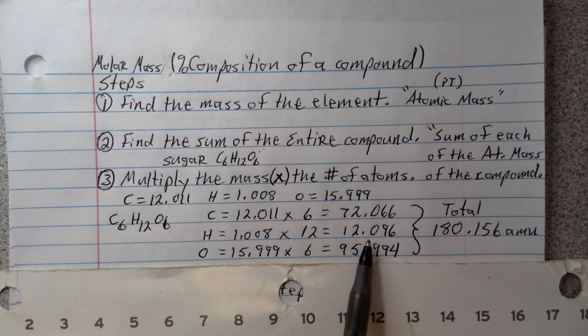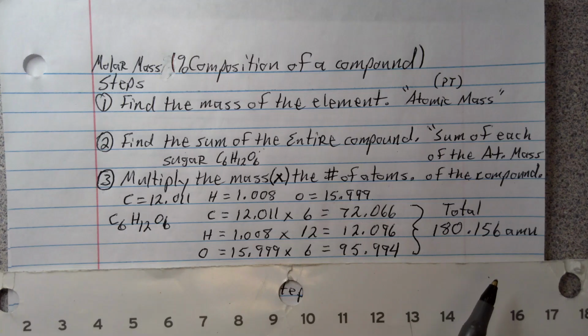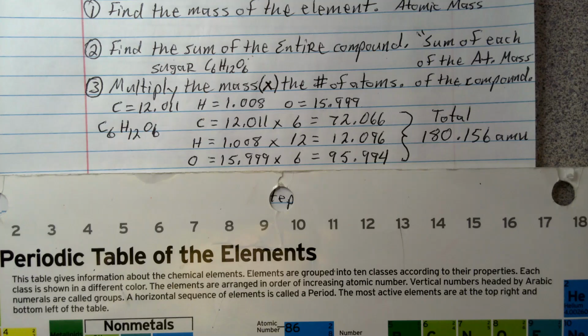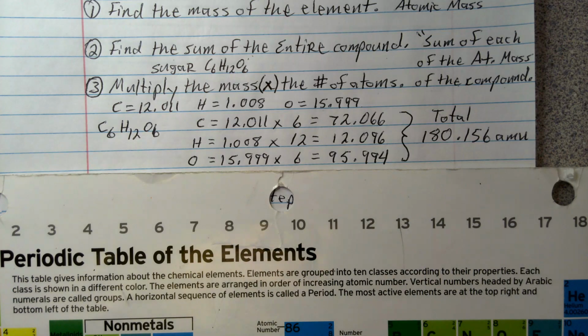72.066, 12.096, and 95.994. When we get done getting these totals, we have 180.156. That's how much it is, the sum of all of them.